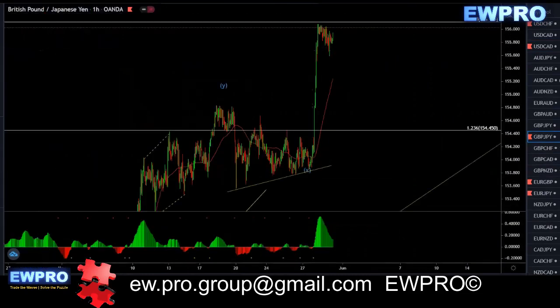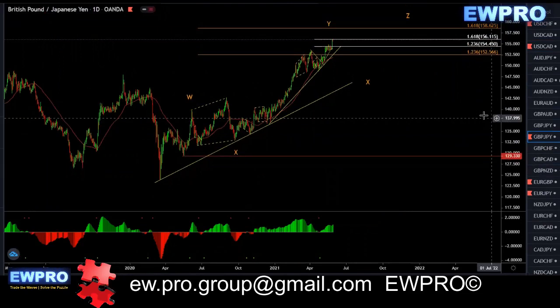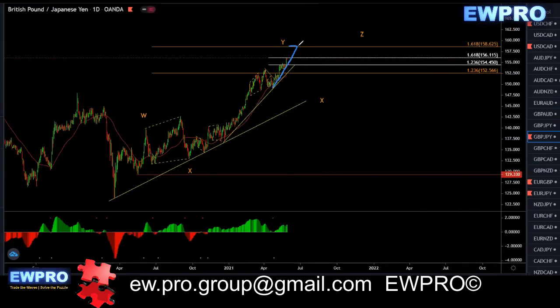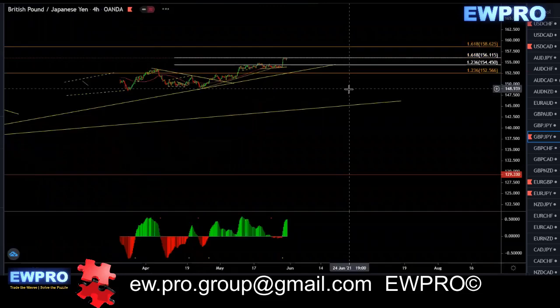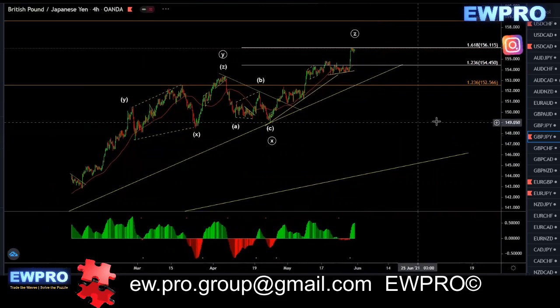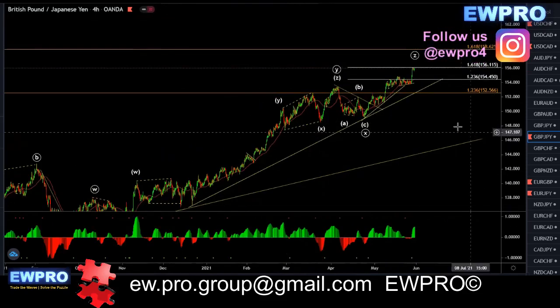GY on the daily, like I've been saying for ages, nothing's changed. We can go up to this 161.8 in wave Y. Then I'll be looking for an X2 and then a Z up on the daily. This is the only one that was valid with that extended wave.